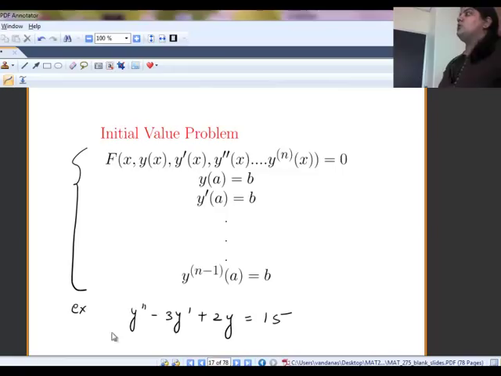So in this context, my f will be y double prime minus 3y prime plus 2y minus 15.